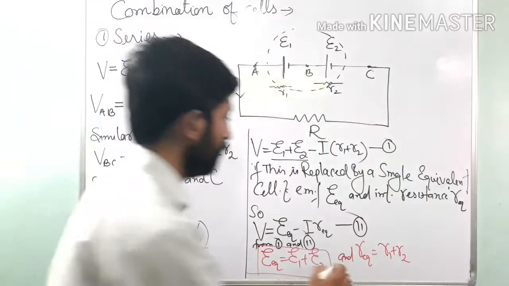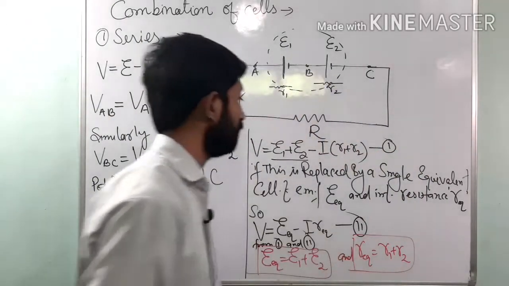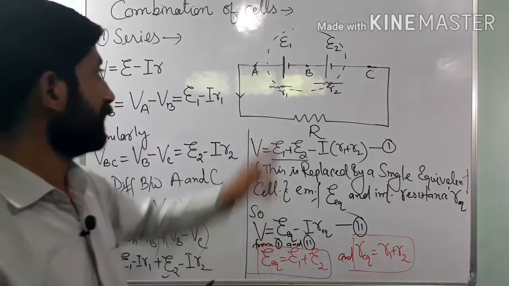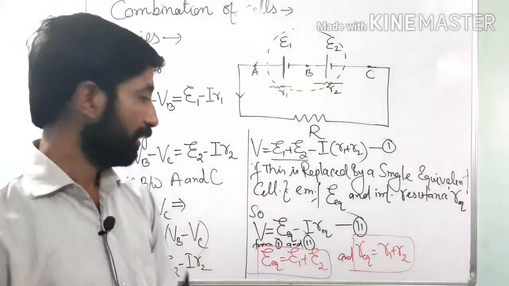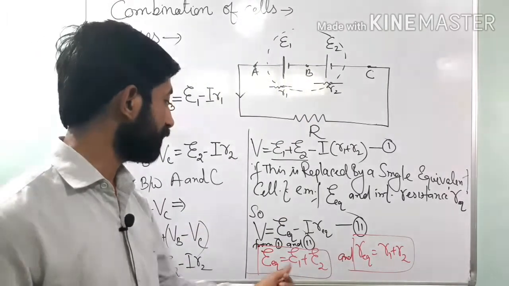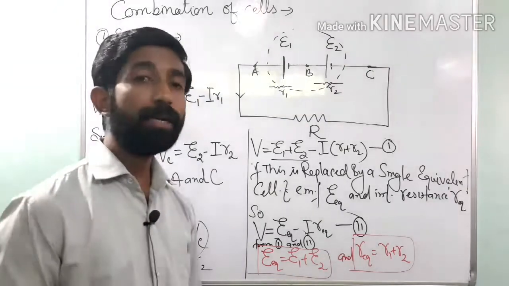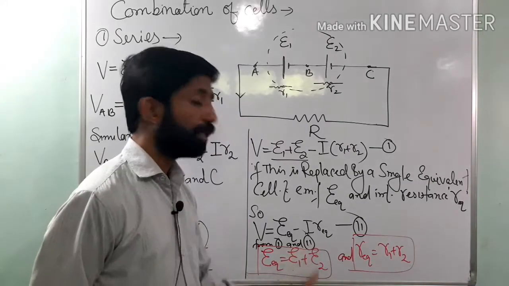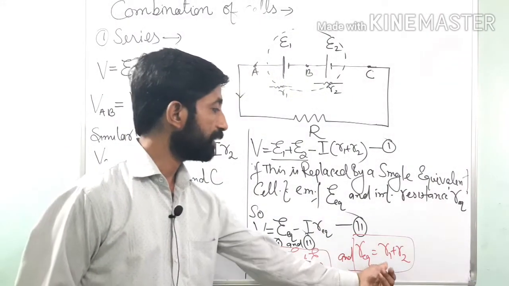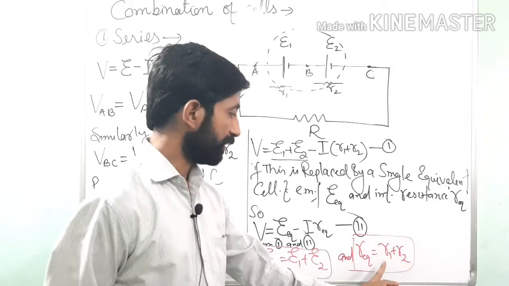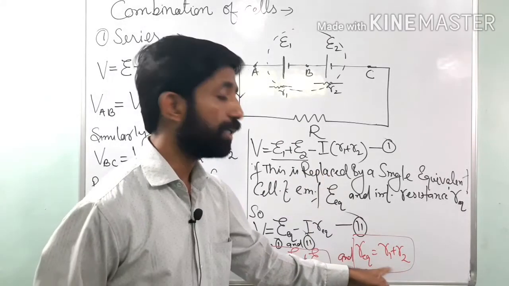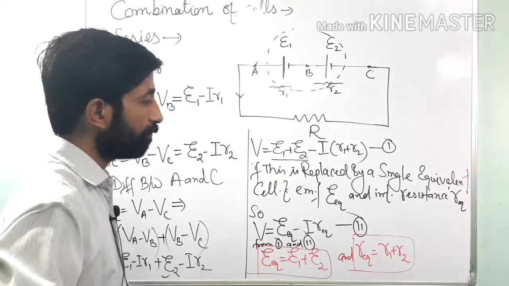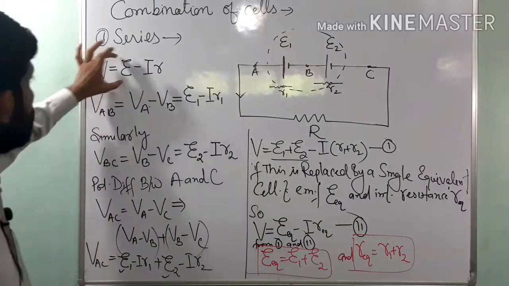Very simple. So here we reach our final conclusion for two cell combination. When the cells are connected in series, the equivalent EMF of the combination becomes equal to the sum of their individual EMFs, and the internal resistance of the combination is equal to the sum of their individual resistances. Okay, now again have a look, this is the relation.